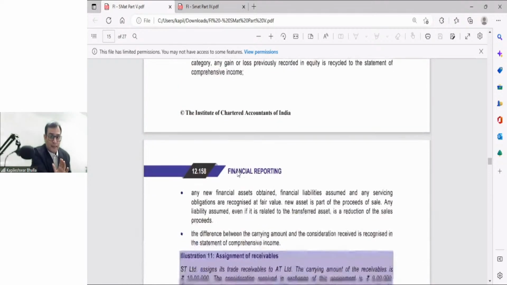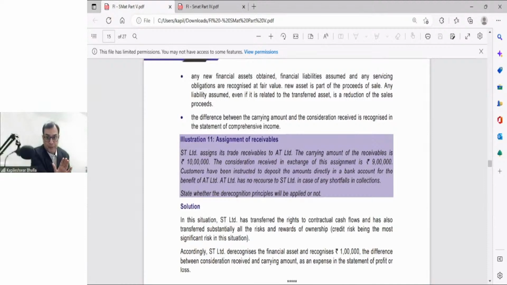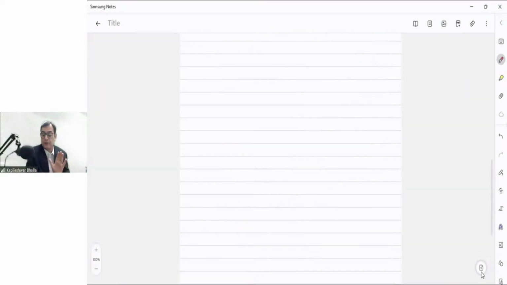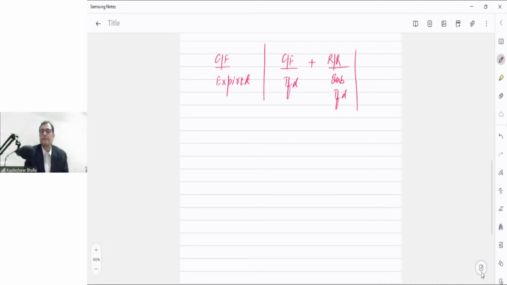Now, before I take illustration number 11 with you, let me give you another chain of thought very clear. In this case, I told you that if the cash flows have expired, that is one combination. Second, if the cash flows have been transferred, plus the risk and reward test is substantially transferred, that is another combination.